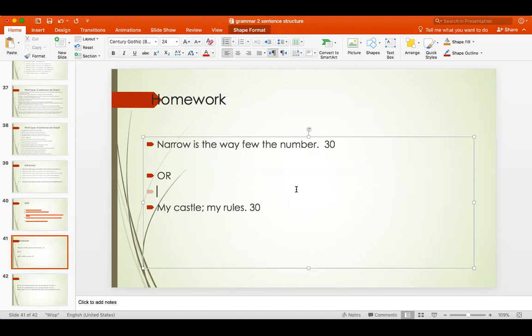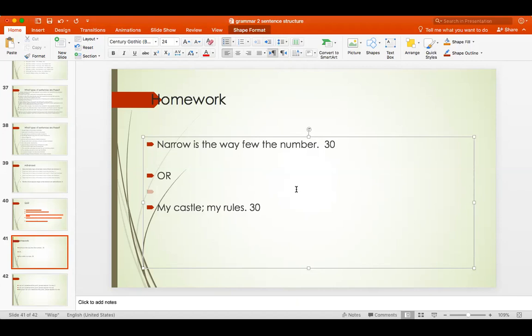The number is few, for the way is narrow, that's another compound sentence connected with "for," one of the FANBOYS. The same with my castle. My castle, my rules, from the famous movie The King's Speech.